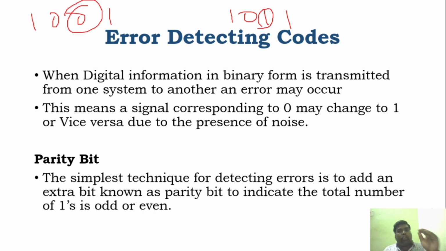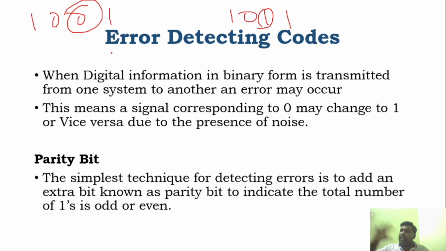In order to detect those errors, we go for error detecting codes, and a very simple, common method of error detecting codes is parity bits. You have something called even parity and odd parity. The sender and receiver have an understanding that the message will be transferred using even parity bits or odd parity bits.